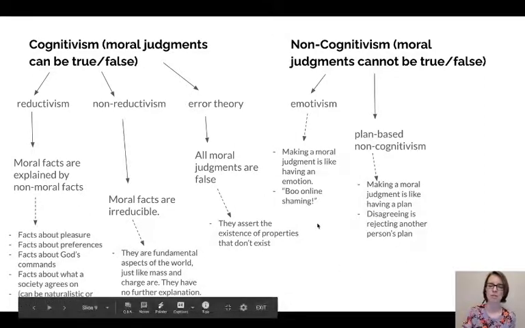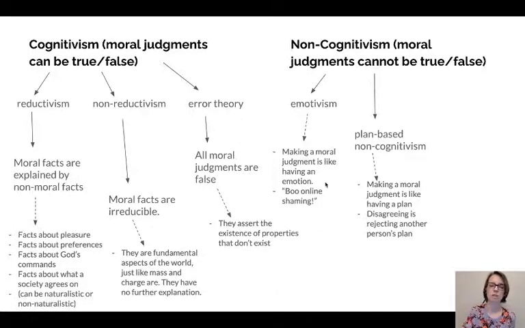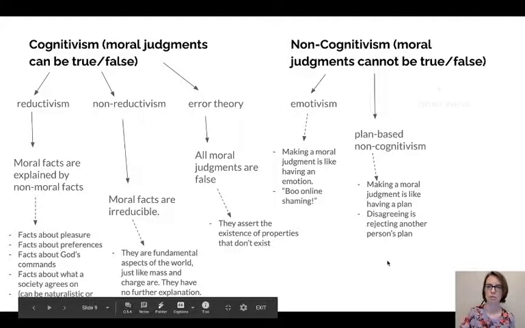You can see that the account of moral disagreement for emotivists is a little bit strange. So when I disagree with somebody about online shaming, maybe I'm saying, boo, online shaming, and the other person is saying, yay, online shaming. And it's not the kind of disagreement that we would normally have about matters of fact, because what we're saying is just the expression of an emotion. It's not a view that can be true or false.